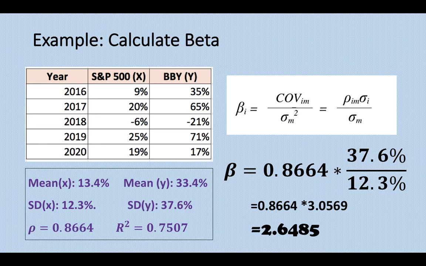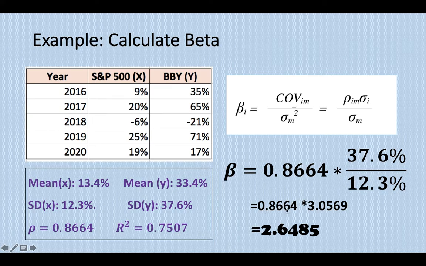Then, what percentage of this 3 times volatility is contributed by the overall economy? This is where the correlation coefficient comes into play.